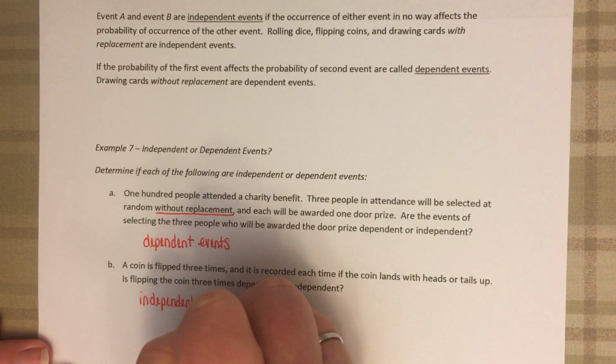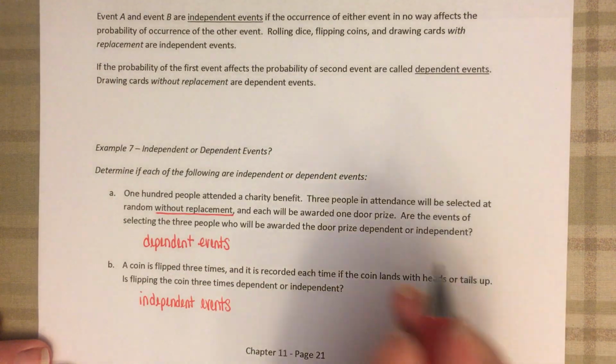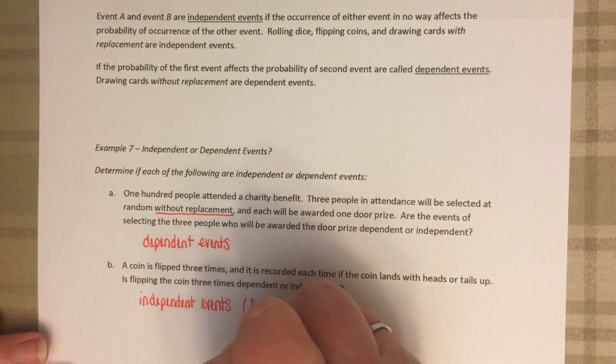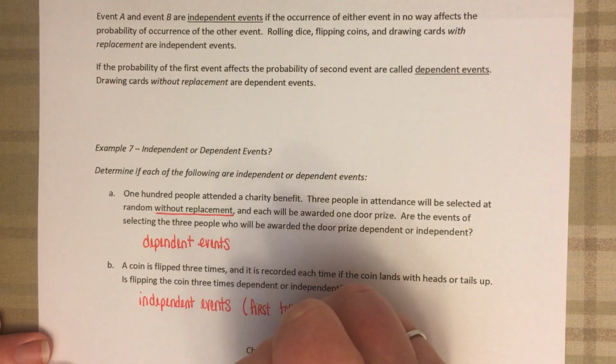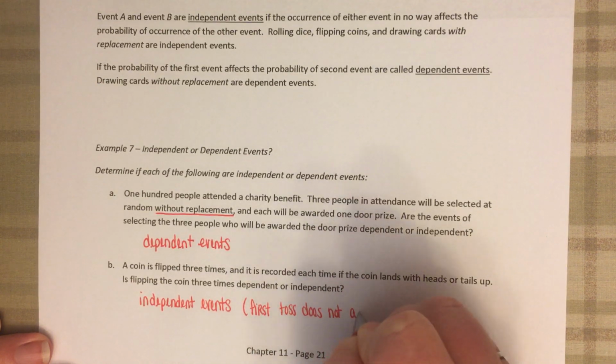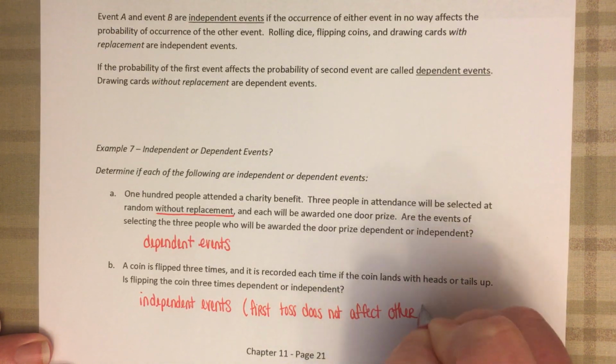Tossing a coin, rolling a die, or drawing cards with replacement are independent events. Our first toss does not affect the other tosses.